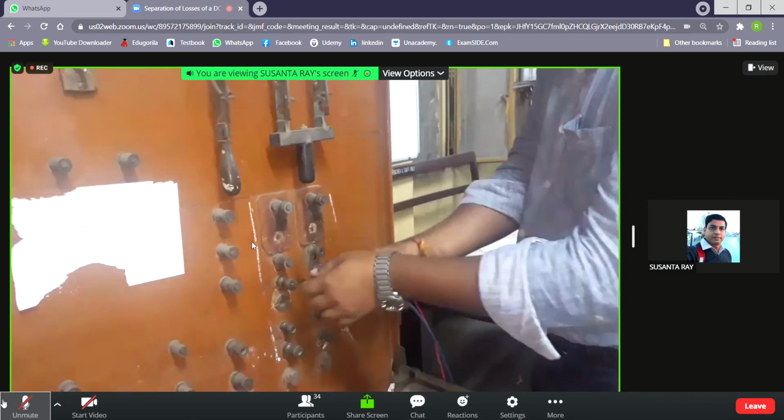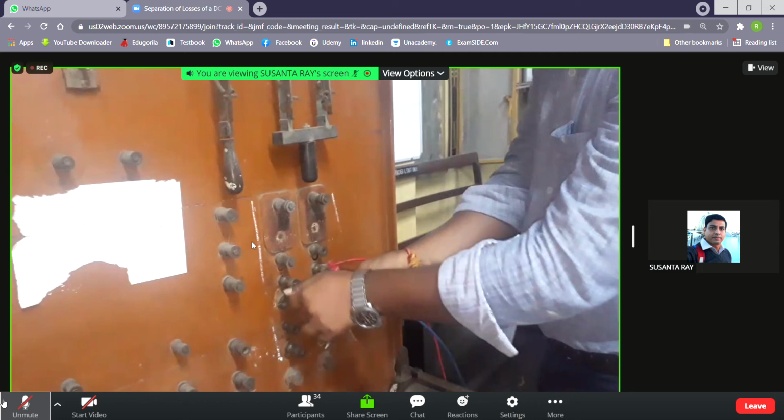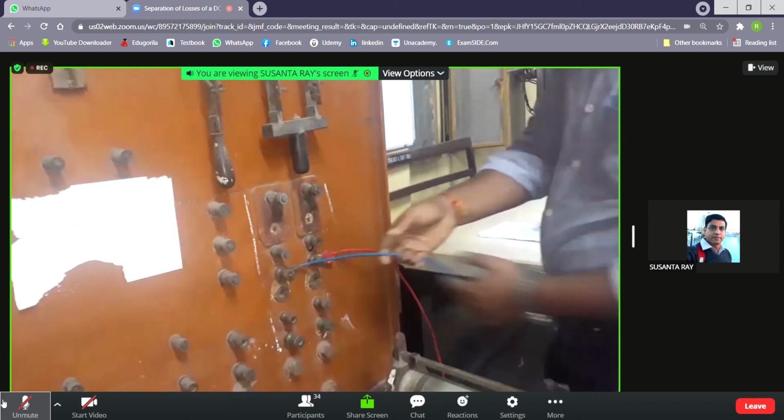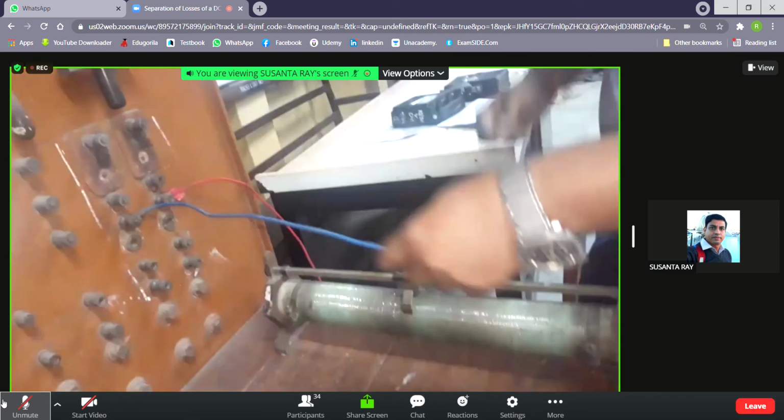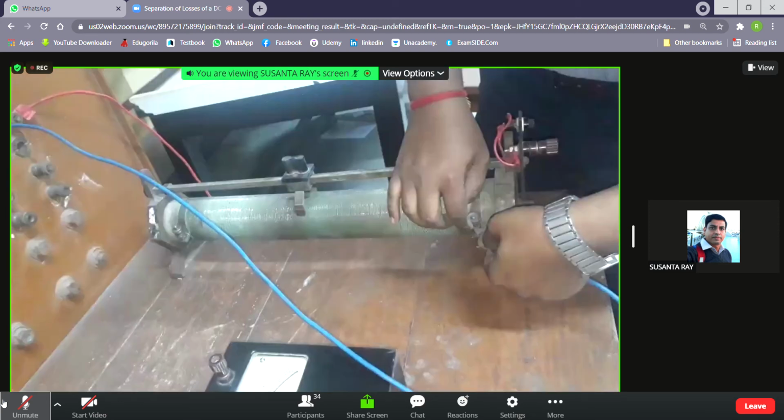So this side of the board is a different panel having a different set of DPDT switches, double throw switches, different pairs of fuses and a different set of terminals. This is the generator excitation supply. This is the rheostat. You just see the connections of the rheostat.